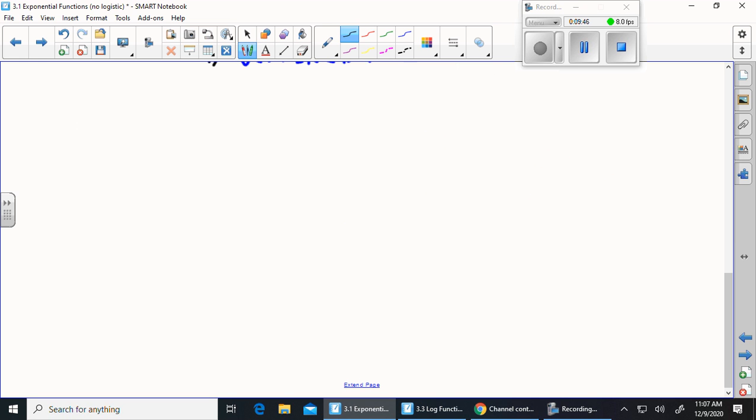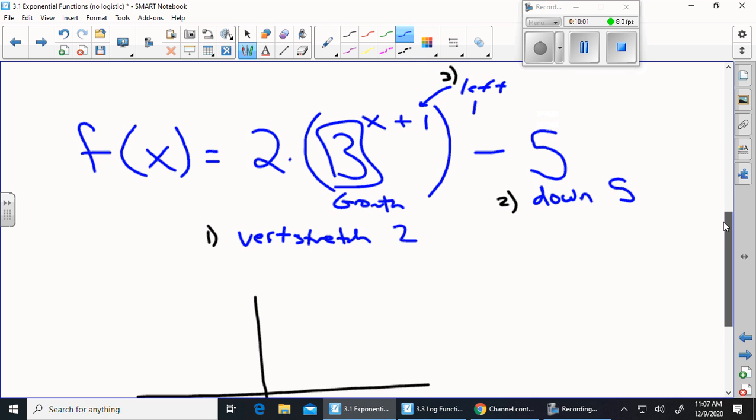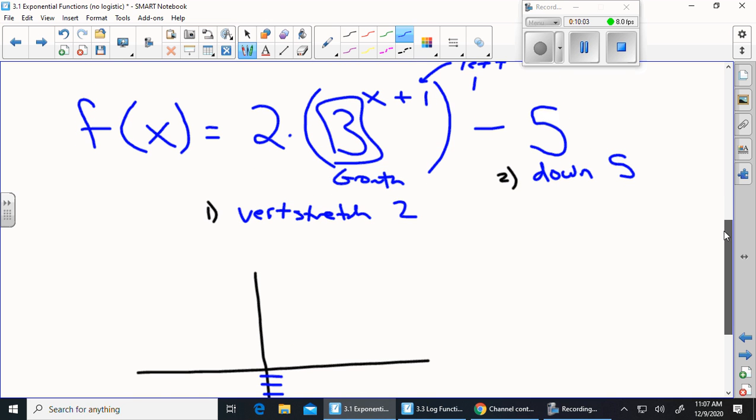So when I graph that, what do I think of graphing? I know that now it's never going to touch negative 5. When you're thinking of the left and right, the point that this used to go through was 0, 1.